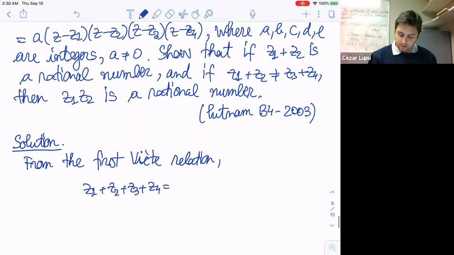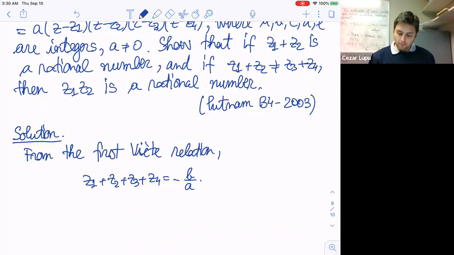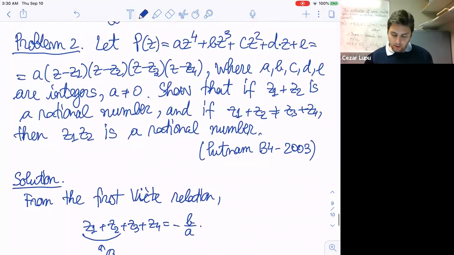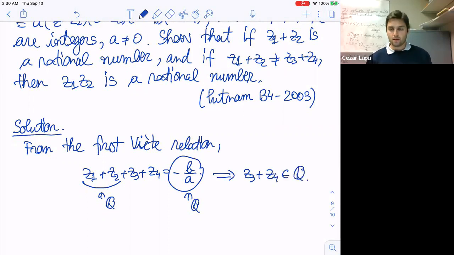This will be nothing else than, in our case, negative b over a. So we know that z1 plus z2 is a rational number, right? And we also know that the coefficients are integers, so therefore this is a rational number. So from here it follows immediately that z3 plus z4 is also a rational number. So we can deduce this very easily.